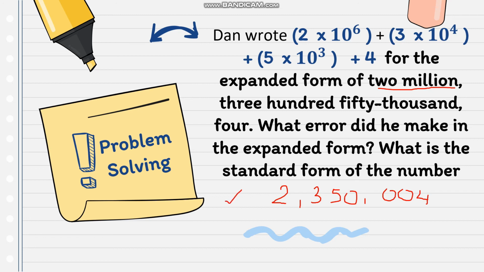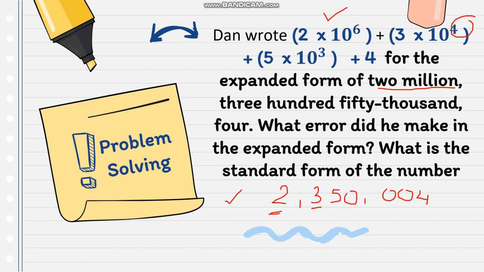And what error did he make in the expanded form? Let's find out. This 2 is 2 multiplied by 10 to the 6th power. That's correct, because this is in the 1 millionth place, and 1 million has 6 zeros. Then 3 multiplied by 10 to the 5th power, not 4th power, because 3 is in the 100,000th place, and 100,000 has 5 zeros.